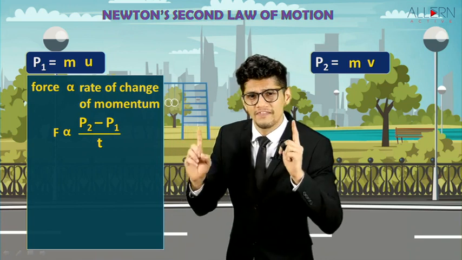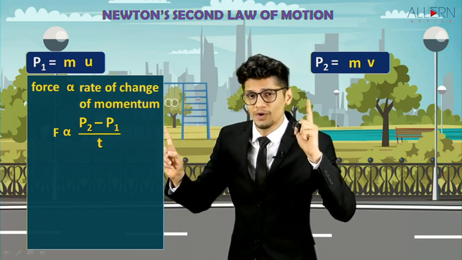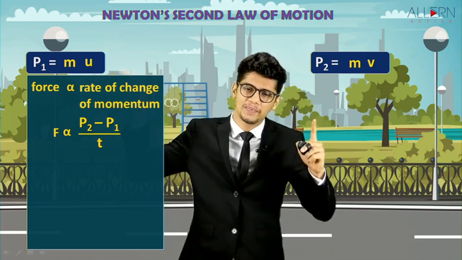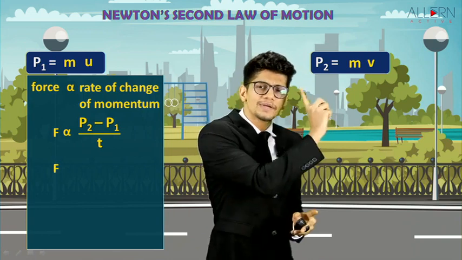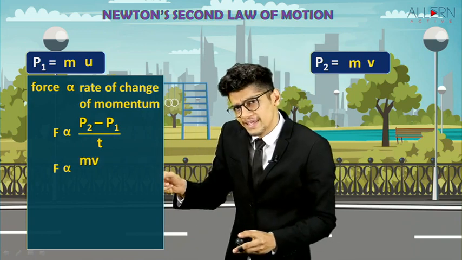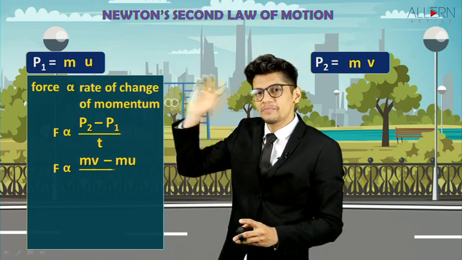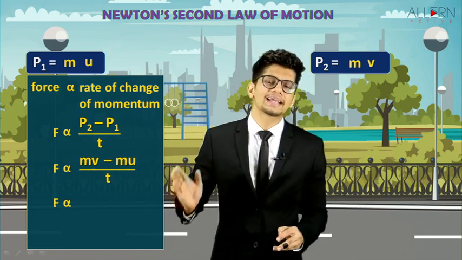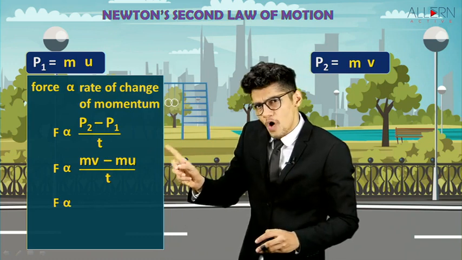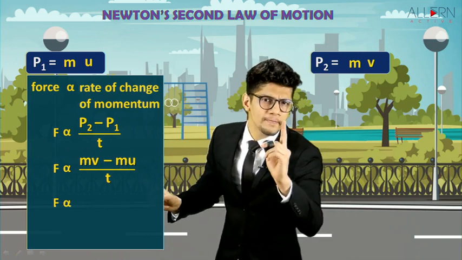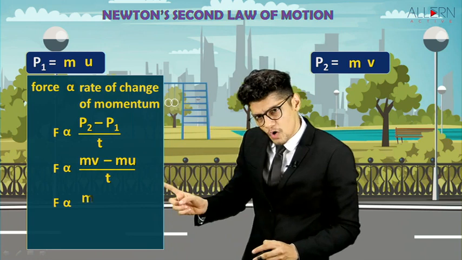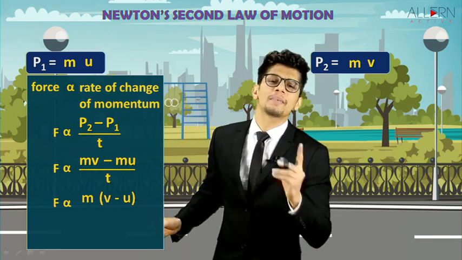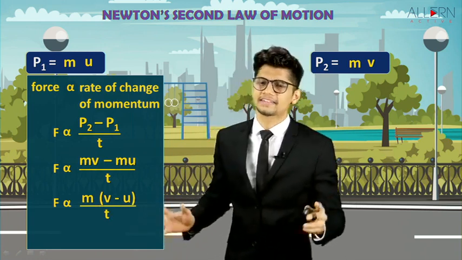Now, do we have the values of P2 and P1? We do have them, right? P2 is mv and P1 is mu, so we write mv minus mu upon t. F alpha remains as it is. Now can you see something common in the numerator? m is common, so we take m common, and in the bracket we have v minus u, and upon t remains as it is.